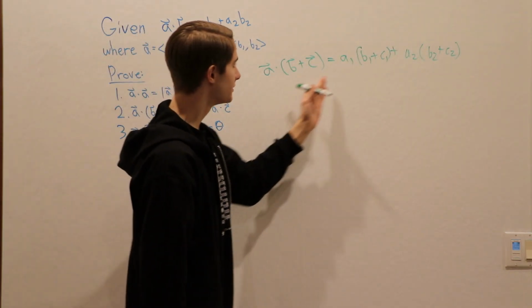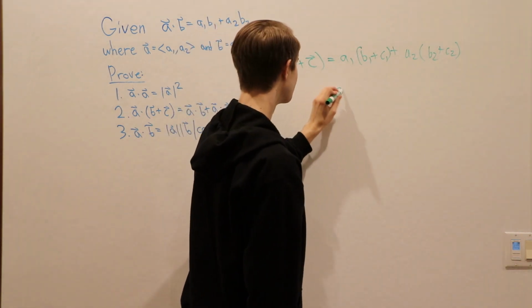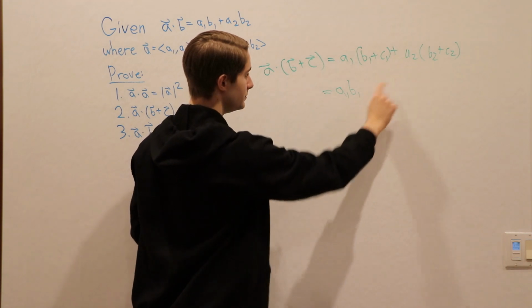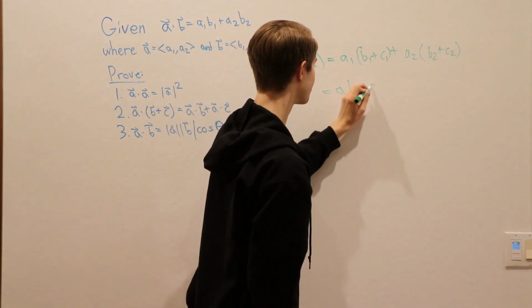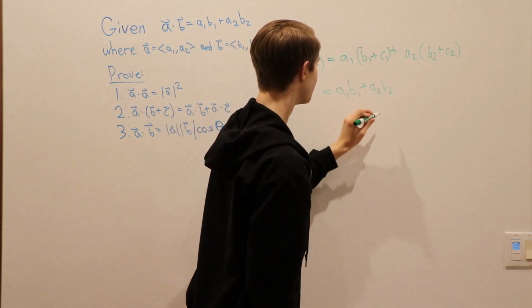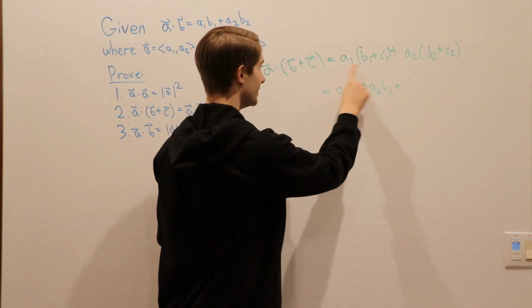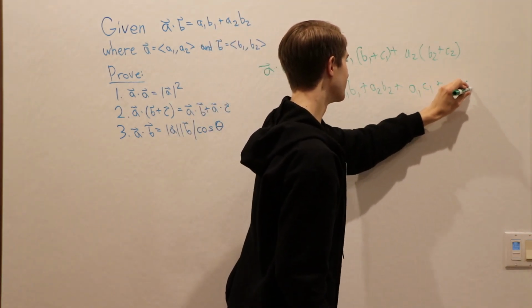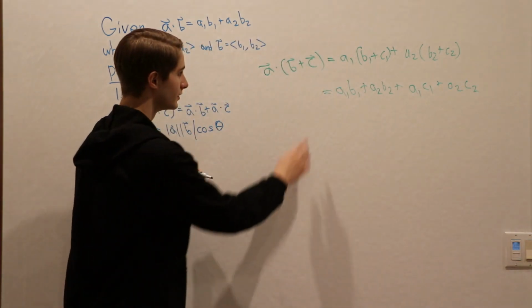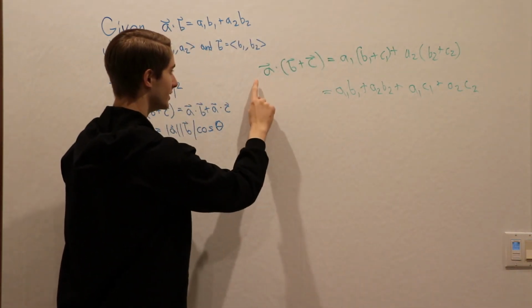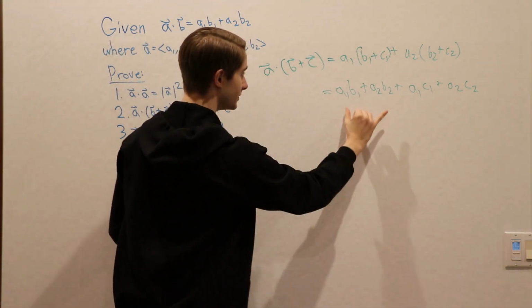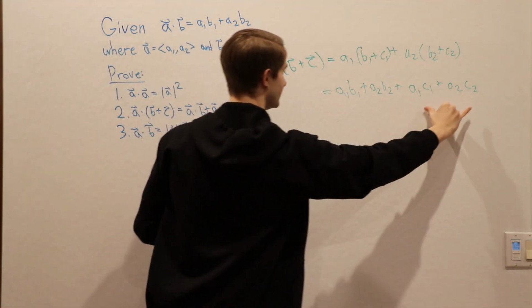And now we know that we can distribute this out. So you get A1, B1 first, and then I'm going to take this A2, B2 and write it over here. So you get plus A2, B2. Then we have A1, C1 and A2, C2. So this is our expression for A dot (B plus C). And now we can see that we group these terms and these terms together.